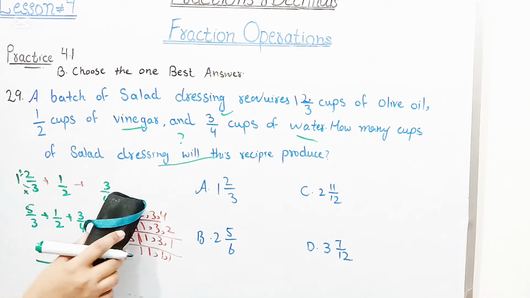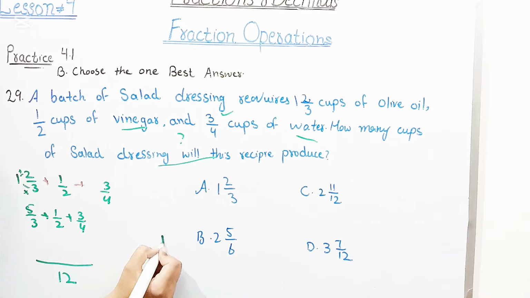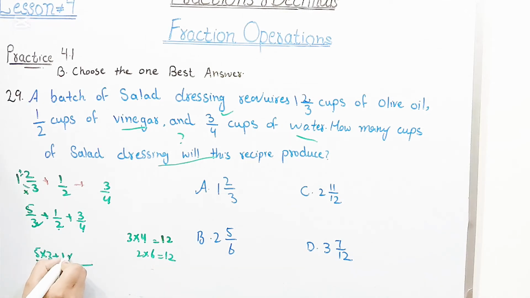So I wipe it so you will not be confused for the further question. Now 12. When I multiply 3 with 4 it will become 12. So 5 multiplied by 4, plus 1 multiplied by 6, plus 3 multiplied by 3, over 12.